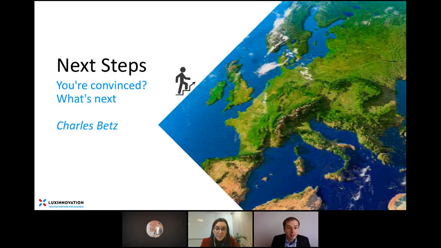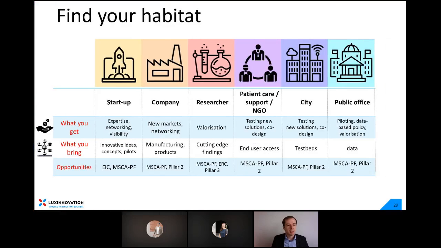We've just seen the first steps that you should take if you're interested in becoming more active in the European funding program. So now we can speak about the next steps. One message I want to pass is that there are different kinds of participants in this program. Classically, we always think about big industry and academia.